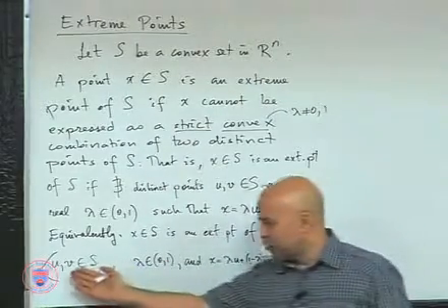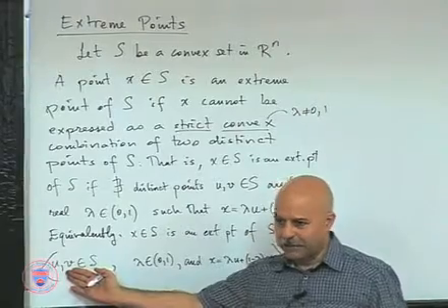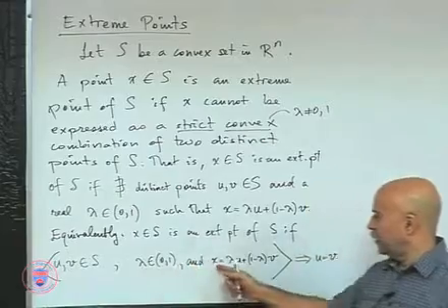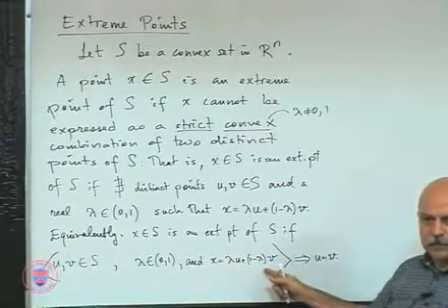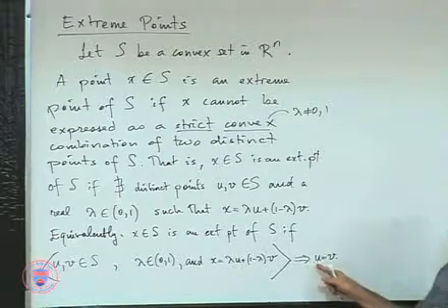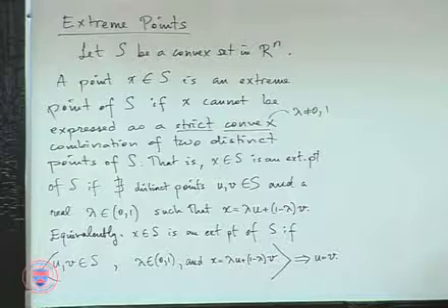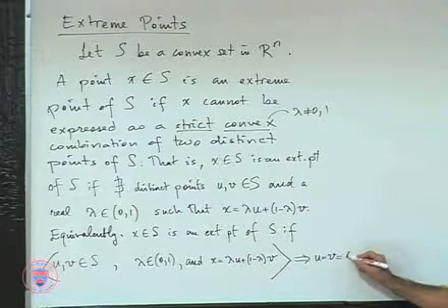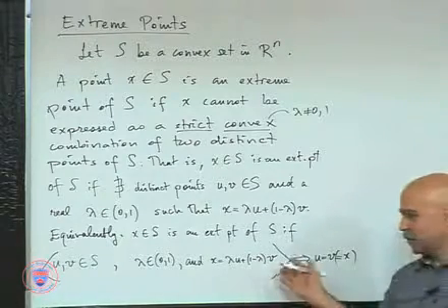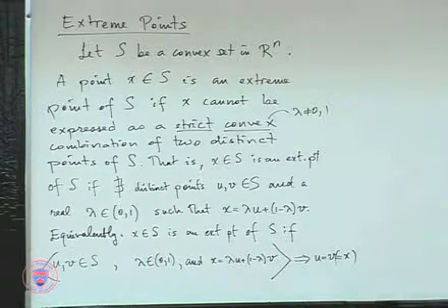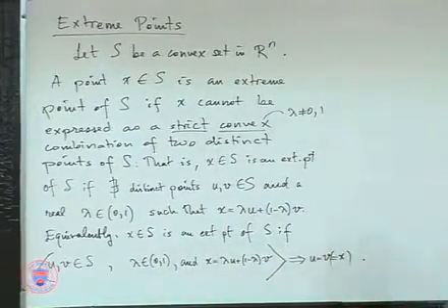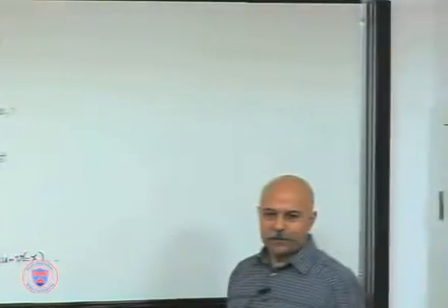So if you pick 2 points, not necessarily distinct here, and if you pick a lambda, and if you are able to write X as a strict convex combination of those 2 points, then it should be the case that U equals V. In which case, of course, they also equal X. Okay? Because that's what you get when U equals V. Okay. So extreme points are important in optimization as well as in linear programming.